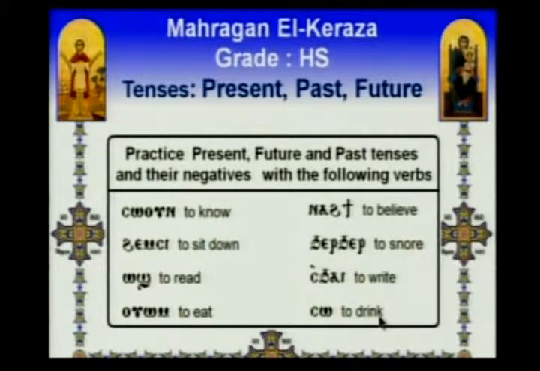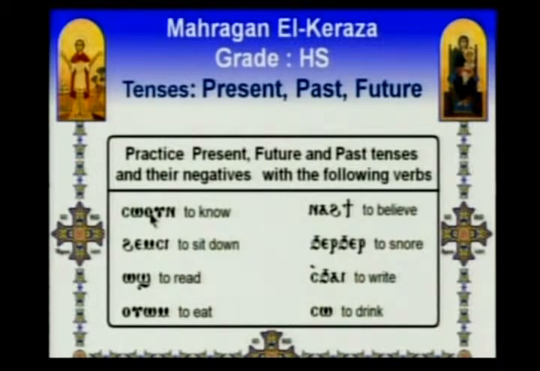Now I have examples of verbs that you will practice, doing all four columns with each one of those. You start with I and we, like su'un, ti su'un, I know, ti su'un an, I don't know.